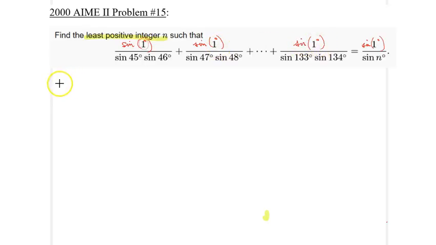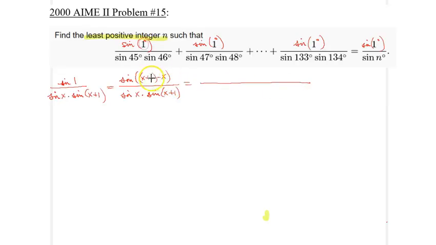So in the generic case, we would have sine 1 over sine x times sine of x plus 1. That whole thing would be equal to sine of x plus 1 minus x divided by sine x times sine of x plus 1. But now we are in good shape.